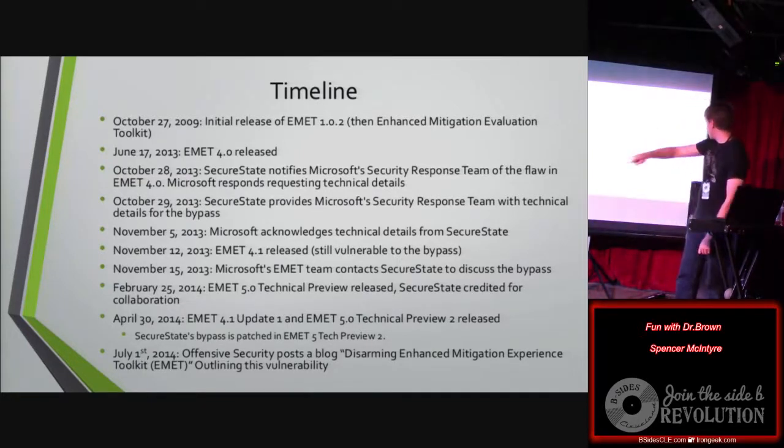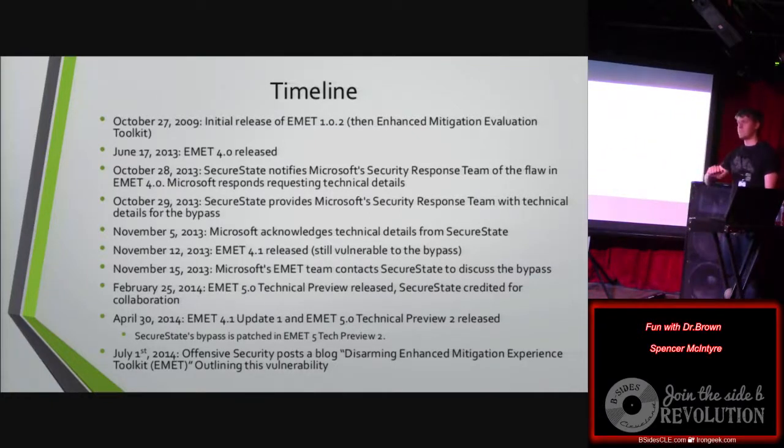And then this last one, right on down here, I want to talk to you about just a little bit. The fine gentlemen over at Offensive Security have a fantastic blog. On July 1st, they posted a technique that was very, very similar to this. So similar, in fact, that my contact at Microsoft emailed me asking if I had written it for them or if I worked with them.